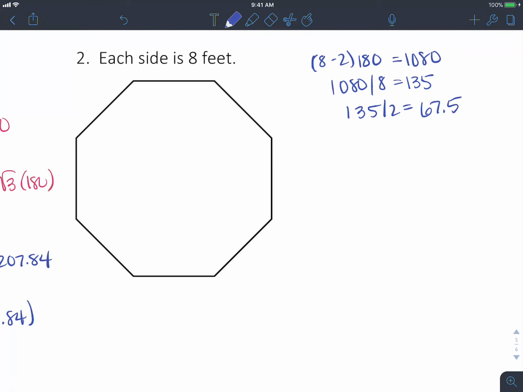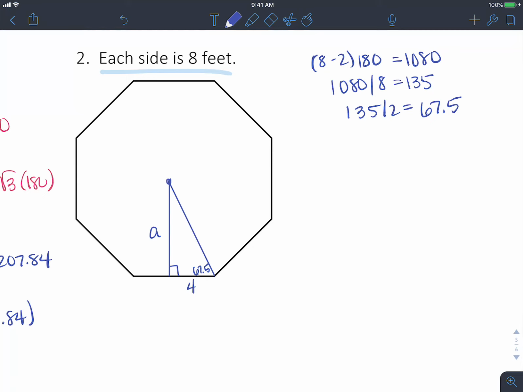So when we draw in our shape, we're going to have this right triangle here, and this angle down here is 67.5, which means we're going to have to be doing trig. If the whole side is 8 feet, then this base of our triangle is 4. So we're going to need to find the height of our apothem.